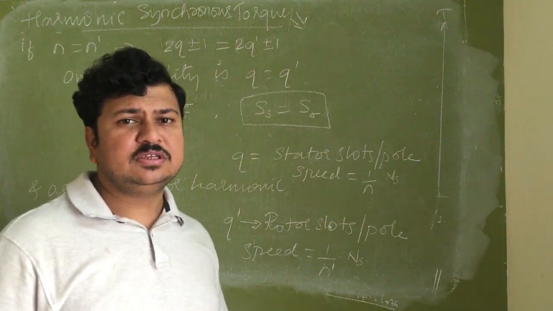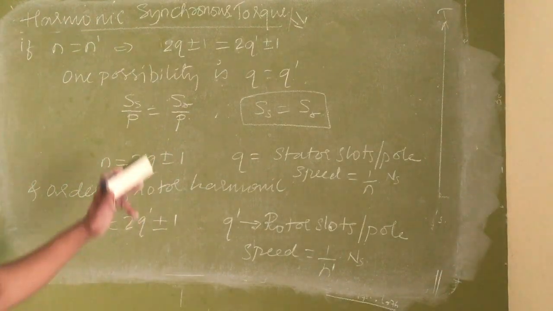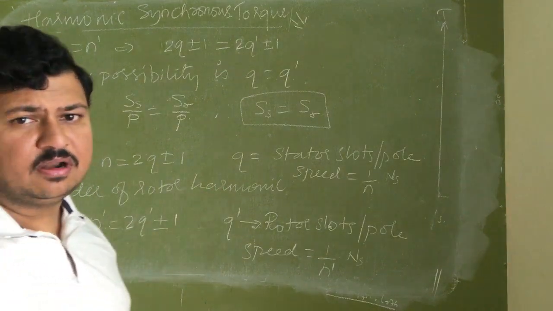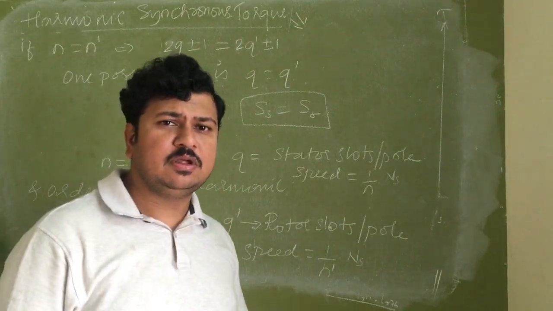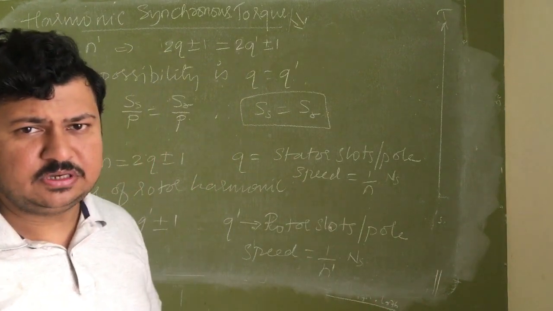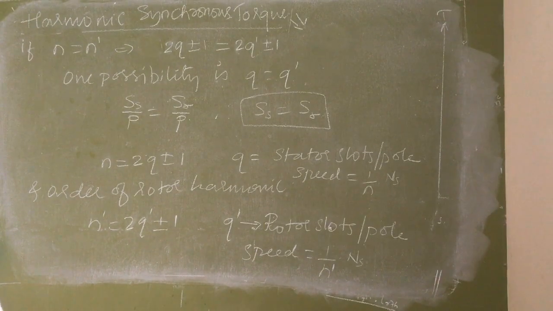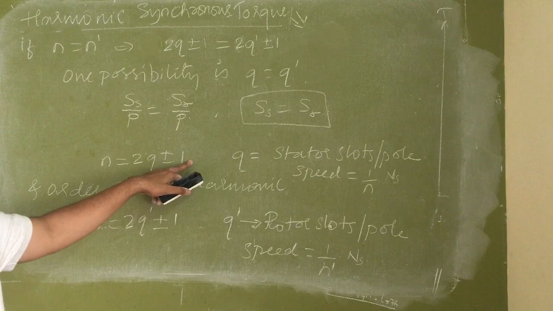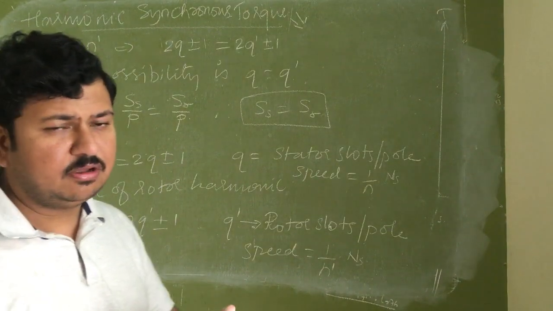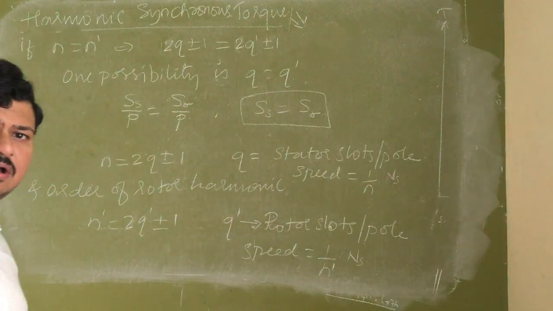Moreover, when the number of slots in the stator is equal to the number of slots in the rotor, these synchronous torques will have the same magnitude also. Because the magnitude is equal and direction is opposite, the average torque produced will become 0. Because zero average torque is produced, the rotor refuses to start, which is called cogging or magnetic locking.